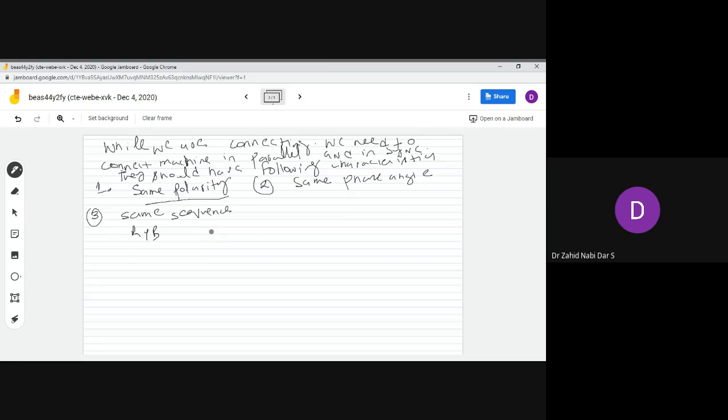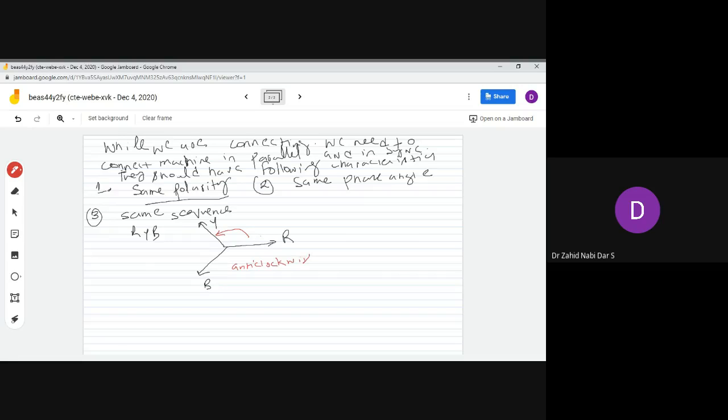There are only two types of sequence. One type of sequence is like this: R, Y, and B. If you notice, this is anti-clockwise.